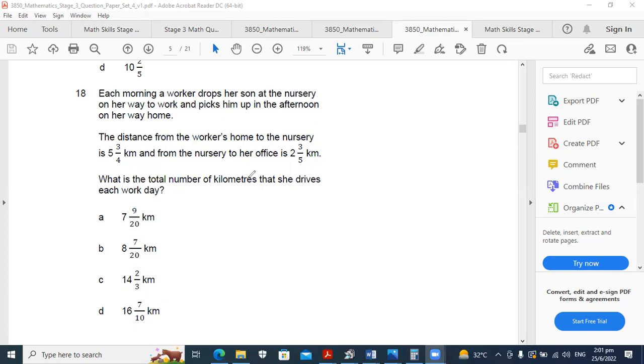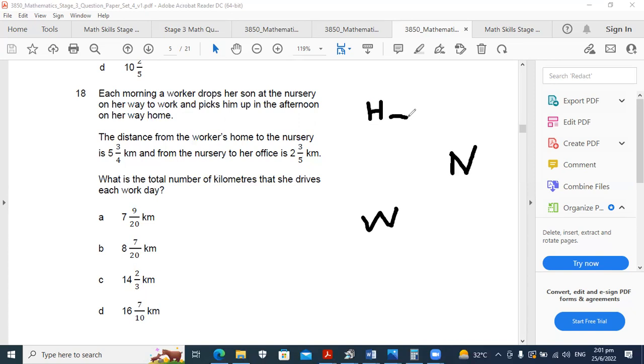It says each morning, so you have home, you have nursery, and you have work. It says each morning a worker drops her son at the nursery.